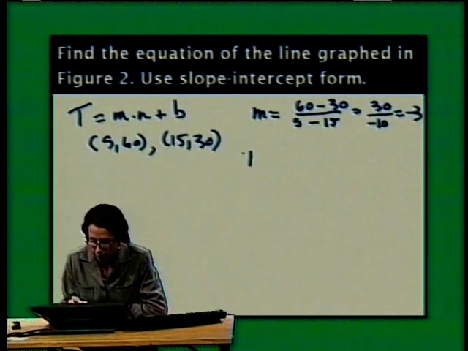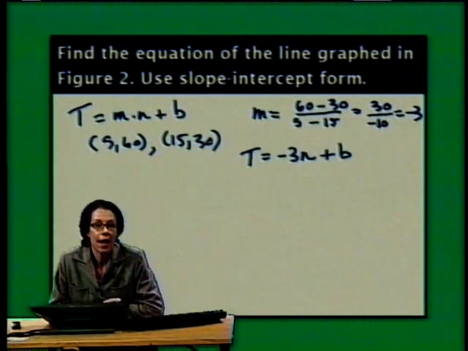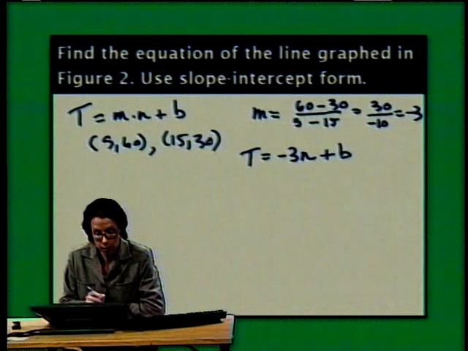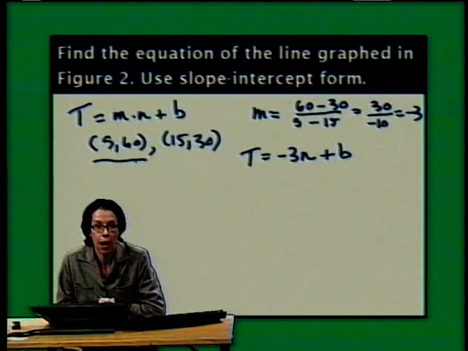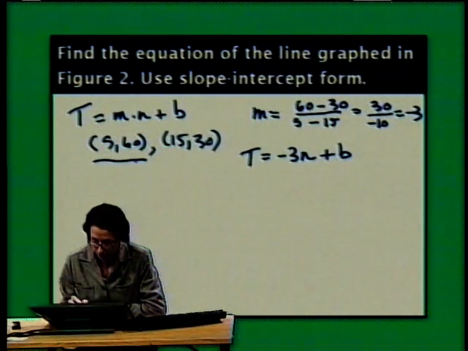So now I know that t equals negative 3 times n plus b. Now I need to determine b. And I can determine b using either of the ordered pairs I'm given. I'm going to work with the point (5, 60). This tells me when n equals 5, then t equals 60.